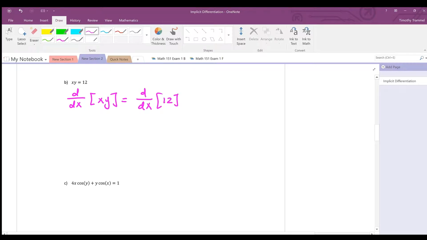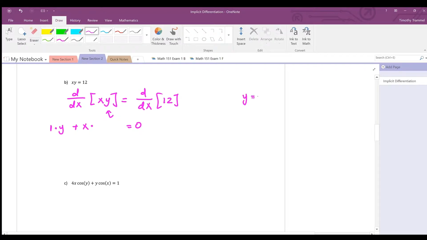So the derivative with respect to x of 12 is just 0. And the derivative with respect to x of x times y is the derivative of the first function, which is x, so that's just 1, times the second function, which is y, plus the first function, which is x, and then times the derivative of the second function.